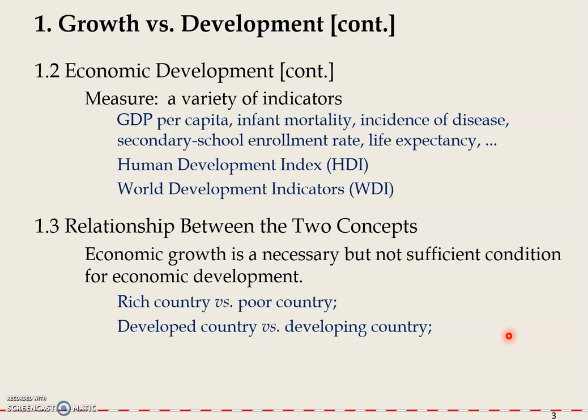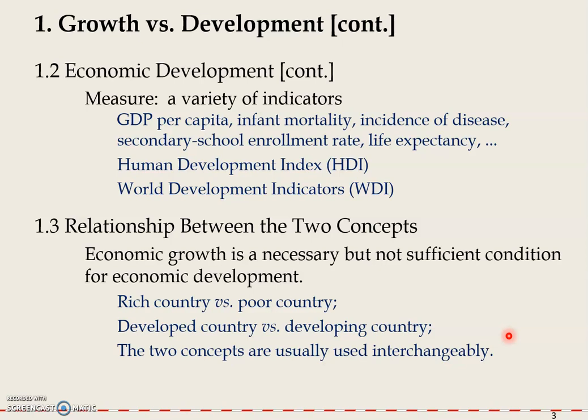Most of the time, unfortunately, you find that people are actually using these words interchangeably. In other words, when we say the US is a rich country, we could actually mean it's a developed country. When we say India is a developing country, we probably actually mean it's a relatively poor country.